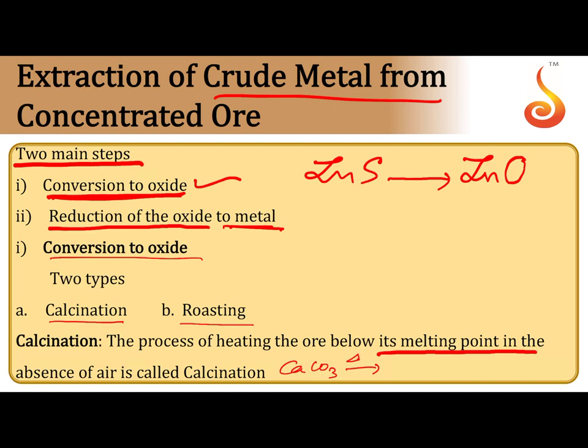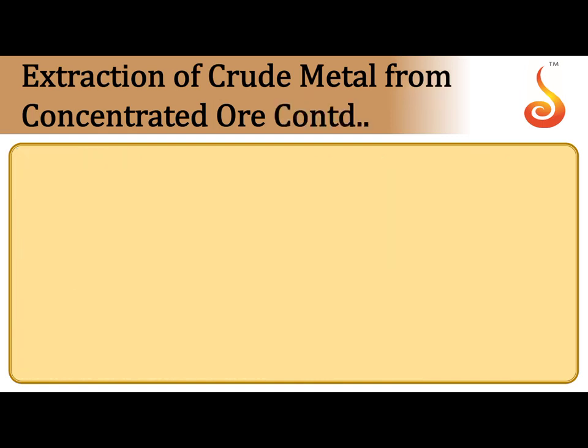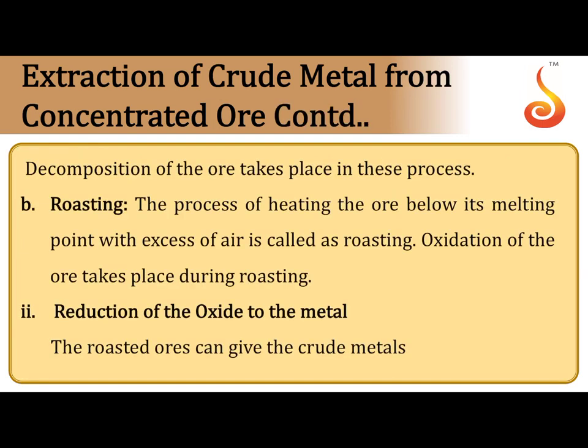In the absence of air, when it is heated below its melting point, it splits into CaO and CO2. So, volatile gases are removed along with some impurities also. Then we can get calcium oxide. From the calcium oxide, by using a particular reducing agent, we can extract calcium by removing oxygen. Decomposition of the ore takes place during the calcination process.